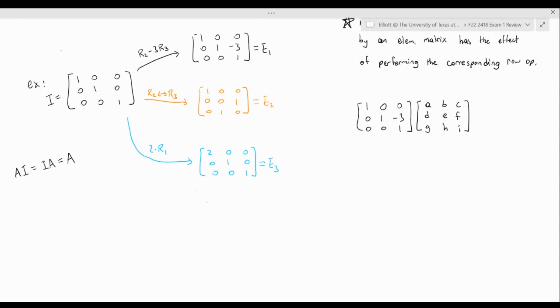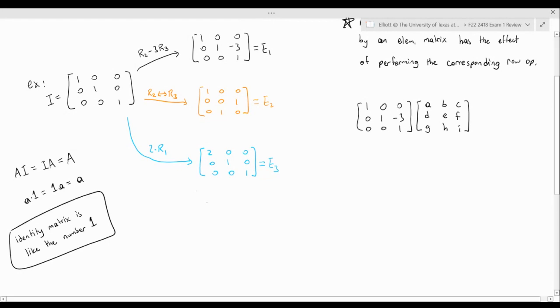This is similar to taking a number A and multiplying it with the number 1, which just leaves you with the number A again. So the identity matrix is kind of like the matrix analog of the number 1, okay? So that is important to know about the identity matrix.